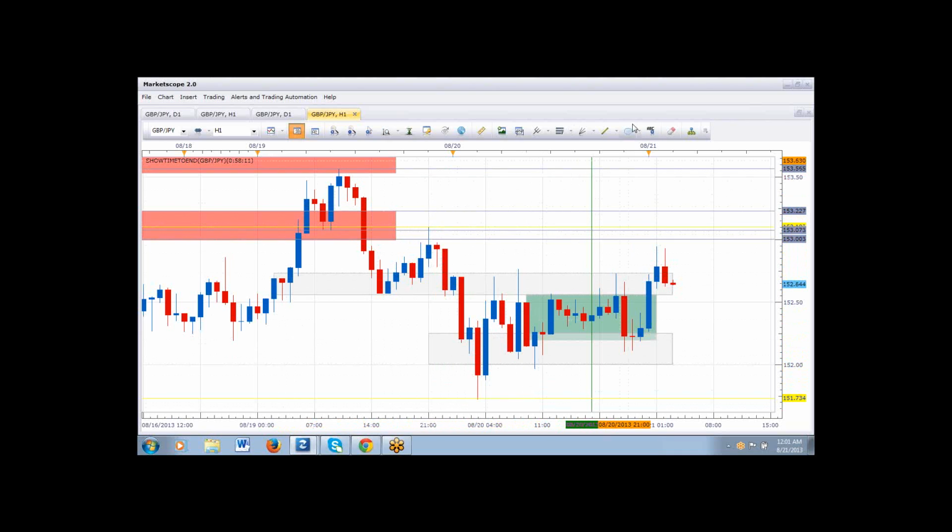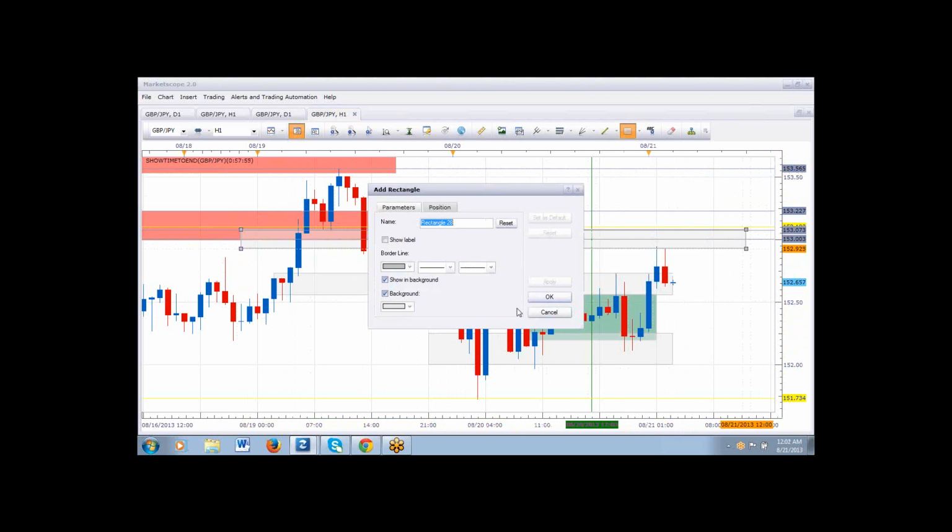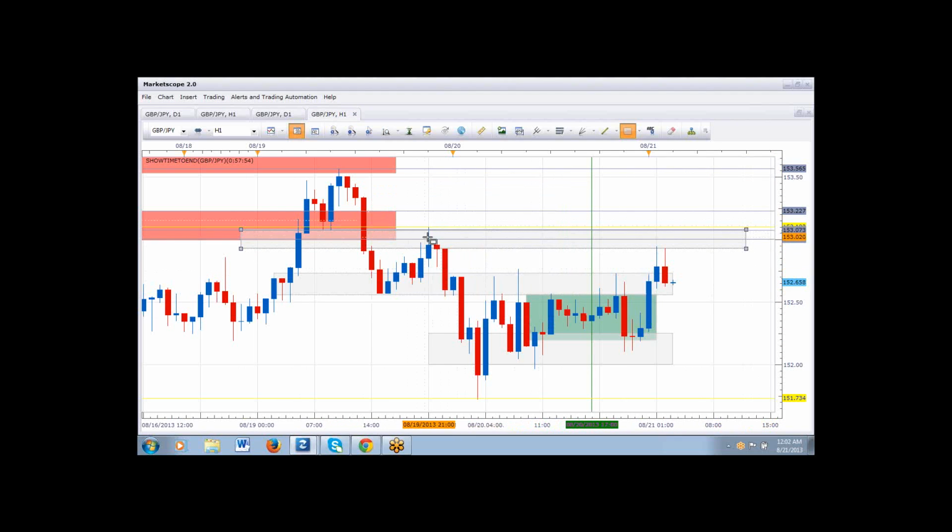So if you go through here, around this consolidation, you can see on this price point you have a consolidation around this level.